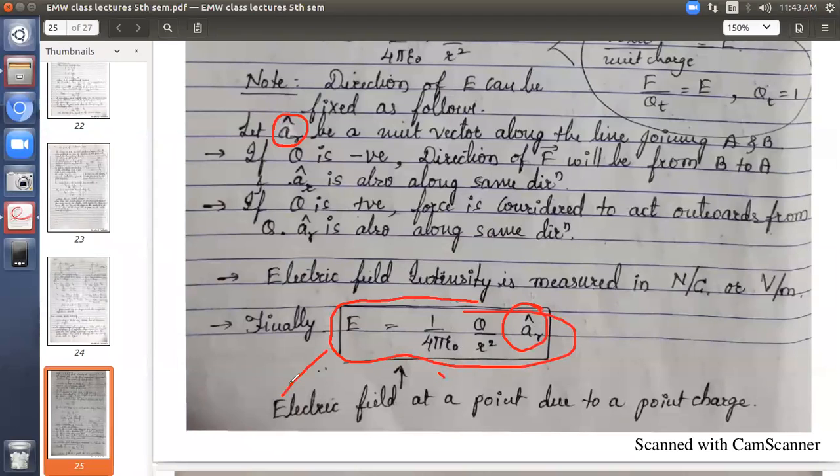This final equation is called the electric field at a point due to a point charge. We have found the equation for electric field intensity at some point due to the charge q and the presence of a test charge.